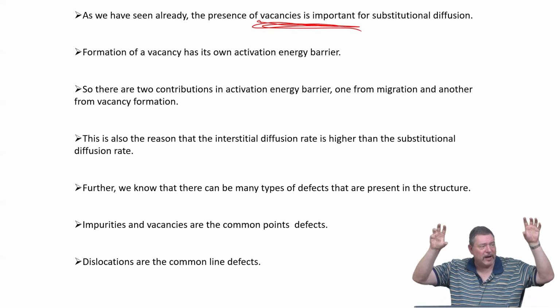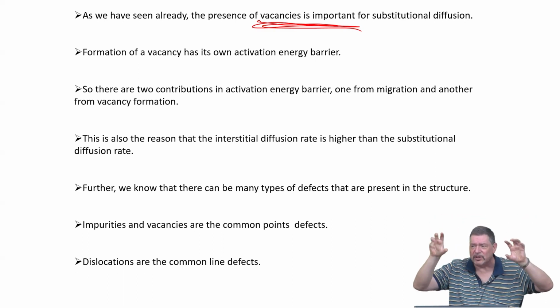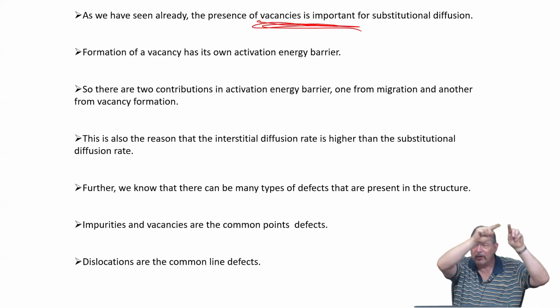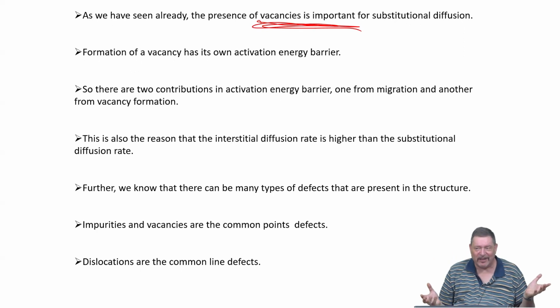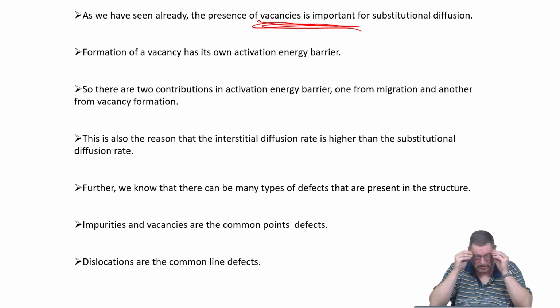Let's say you have 4 atoms situated close to each other. One could move if the other moves, if the other moves. Since they are all the same atoms, it's still a diffusion process, but you don't get a net flux. I'm talking here about net flux processes in metals, so you need vacancies for substitutional diffusion.